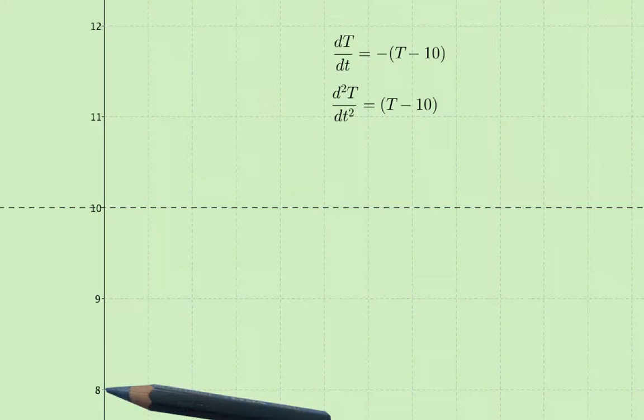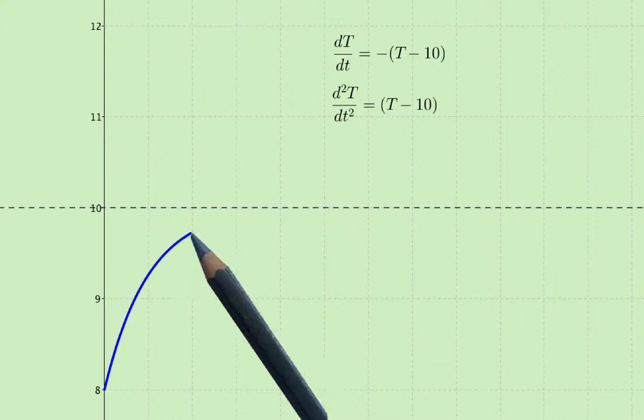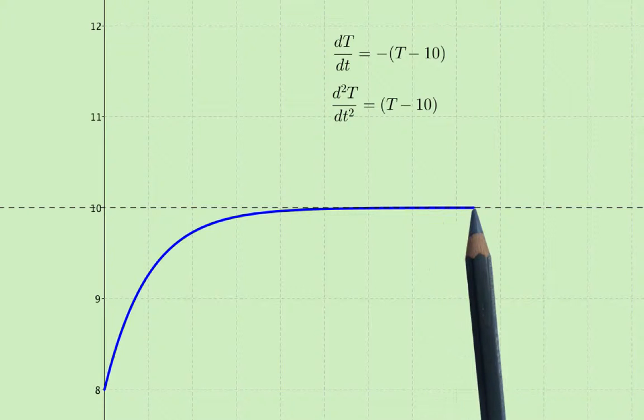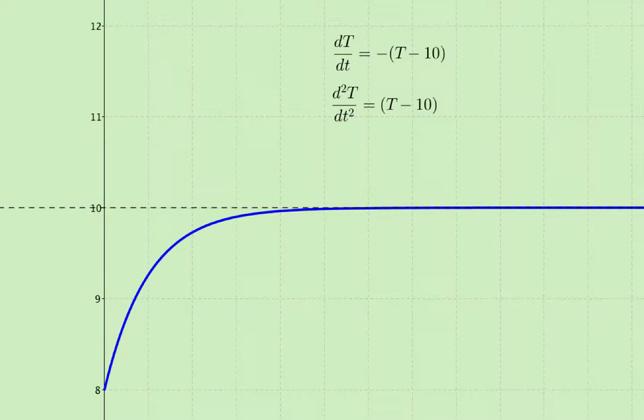Now for the colder object, let's start with the temperature being 2 degrees less than the outside. Then as time goes on, it gets warmer and warmer until it finally reaches this level over here, coincides with the phase line. Let's look at the derivative somewhere down over here. You see that over here, dT/dt, the slope is positive, and it's going from more positive to less positive.